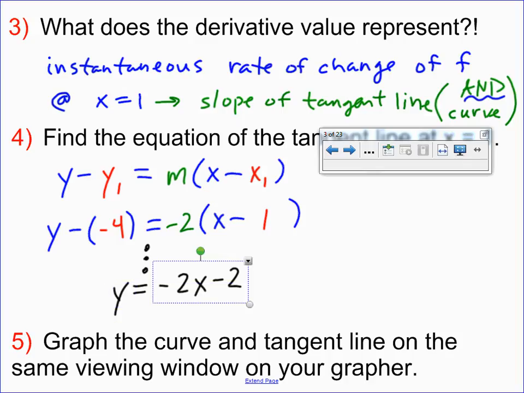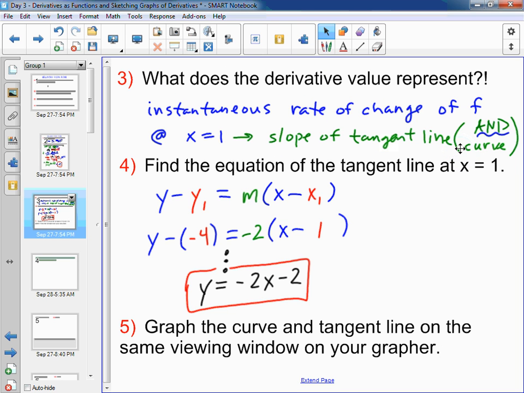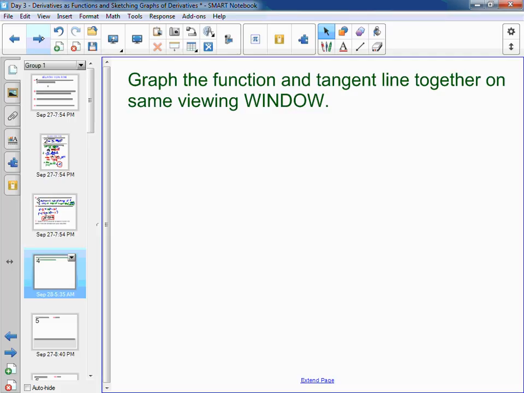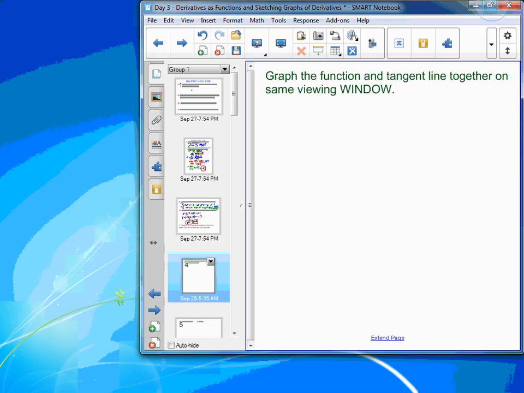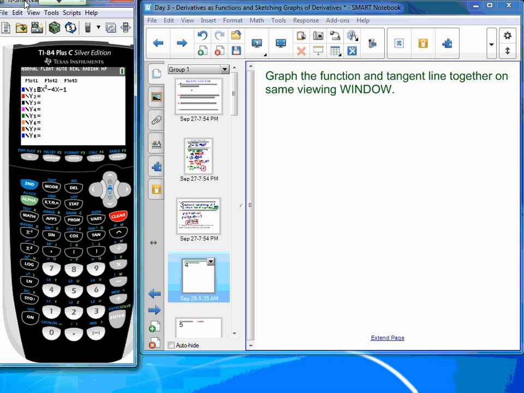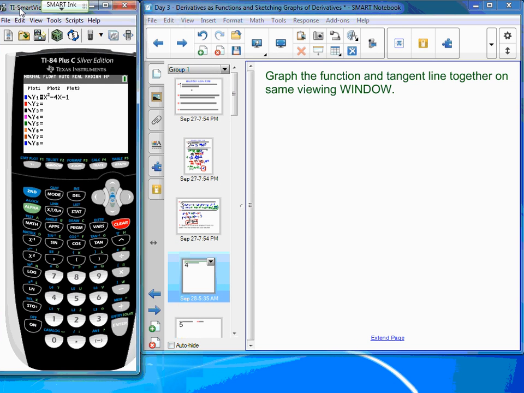I'm going to go ahead and put that in my calculator now. And we'll graph that tangent line on the same viewing window as the actual curve. I've gone ahead and with my emulator, I've entered the function.